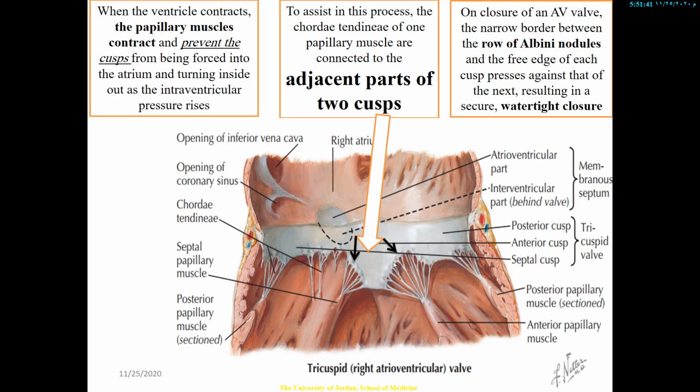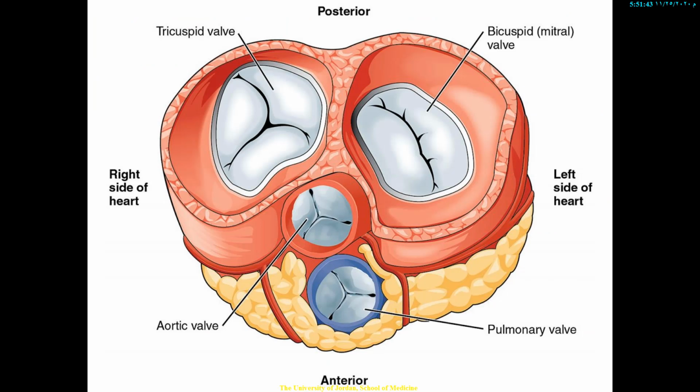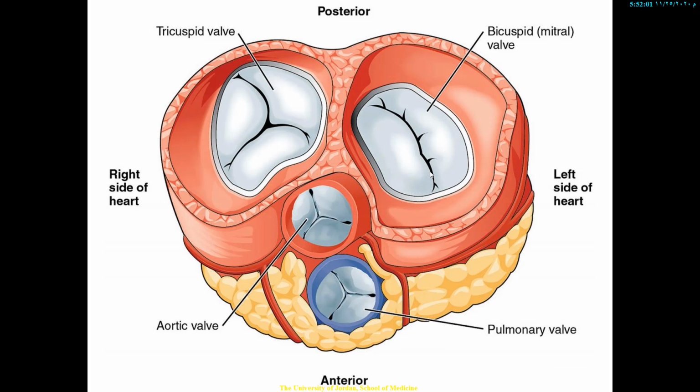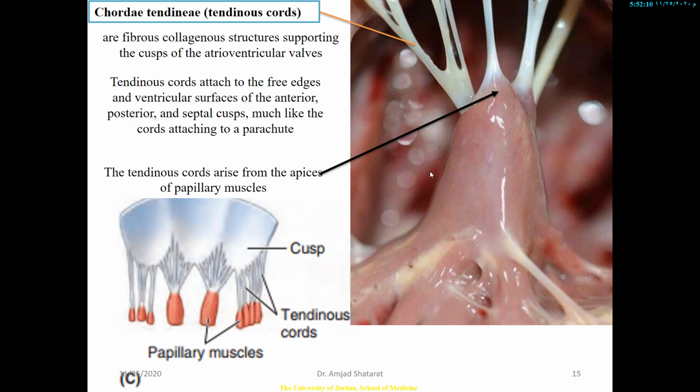As you can see, this is the final view of the closure of the valves. They are tightly attached to each other by means of these Albini nodules, and nothing can go backwards from the right ventricle towards the right atrium.